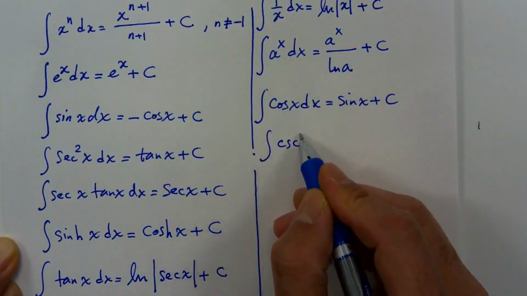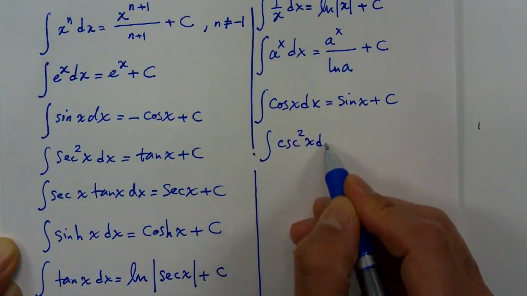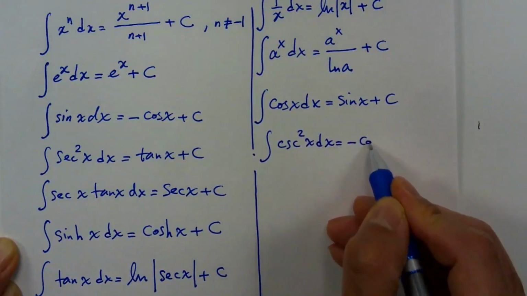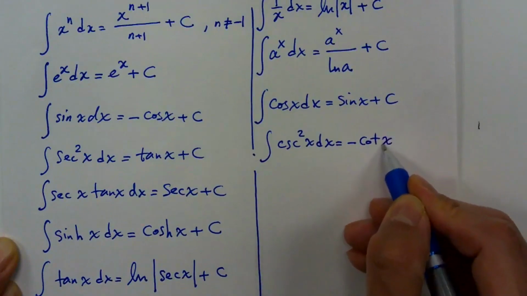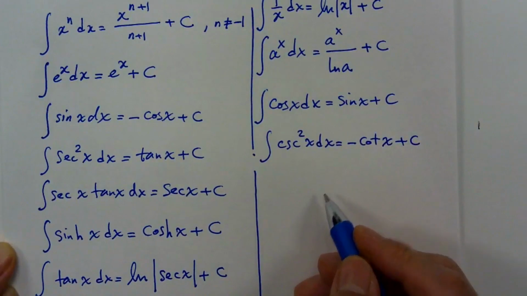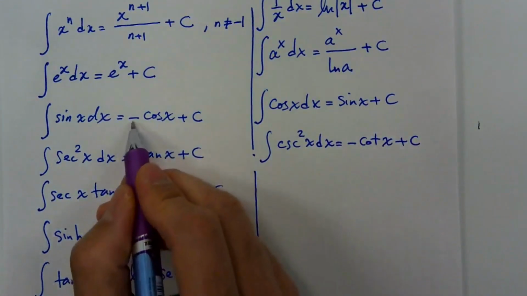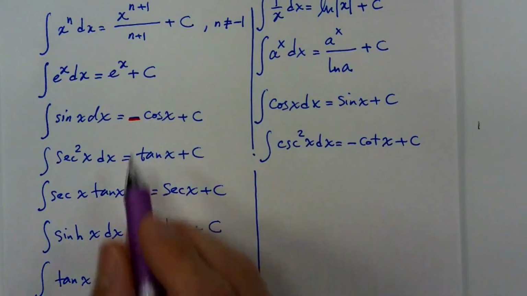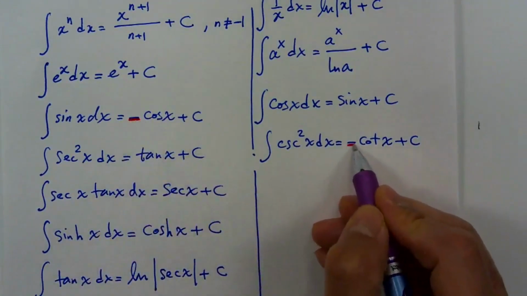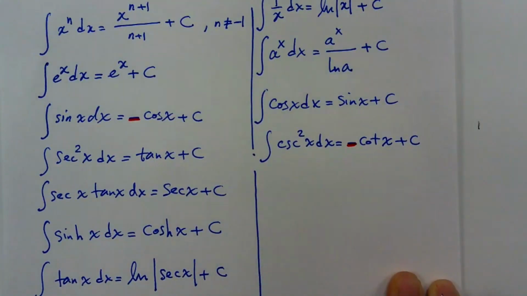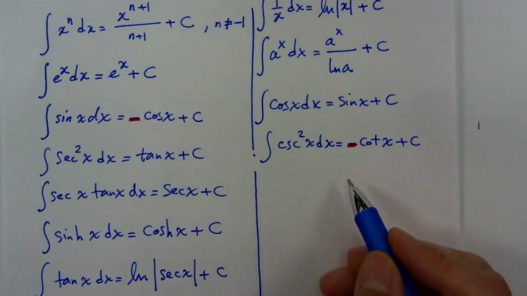So the integral of cosecant squared x dx is equal to minus cotangent of x plus c. All these minuses, it just occurred to me, I'll put them in red so they stand out, because we do not want to forget the minus in front of the antiderivative there.